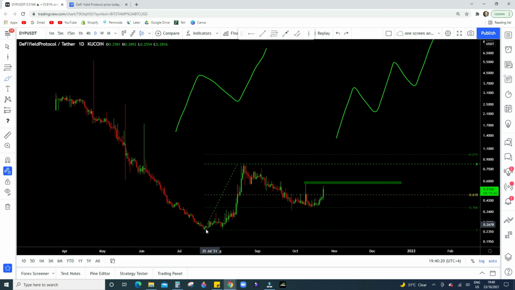In this case, we only have an initial impulse and a correction. So we won't be able to tell if this is going to be a three-wave or a five-wave structure before we cross the previous high that was formed here at around 84 cents.